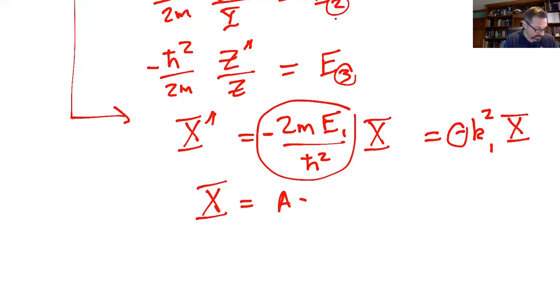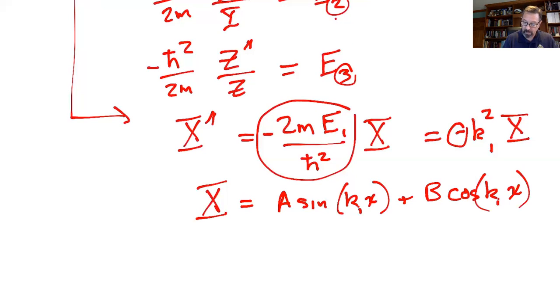Something like a times the sine of k1x plus b times the cosine of k1x. And I think with exactly the same logic as I used for the one-dimensional square well, remember that the wave function here, at least this portion of it, at x equal to 0, has to be equal to 0 to match the wave function outside our square box where there is no possibility that a particle can be.